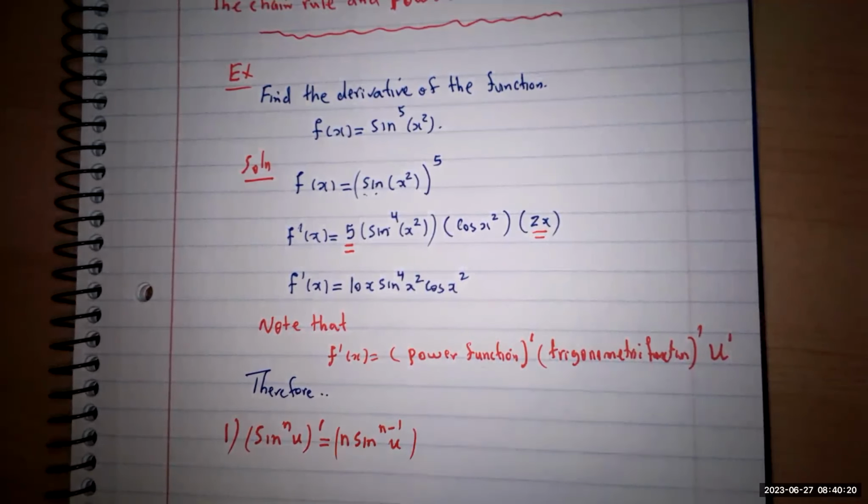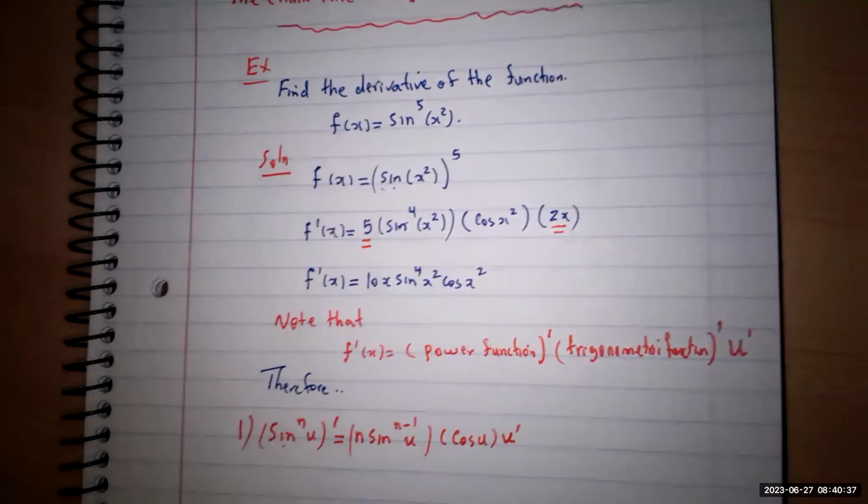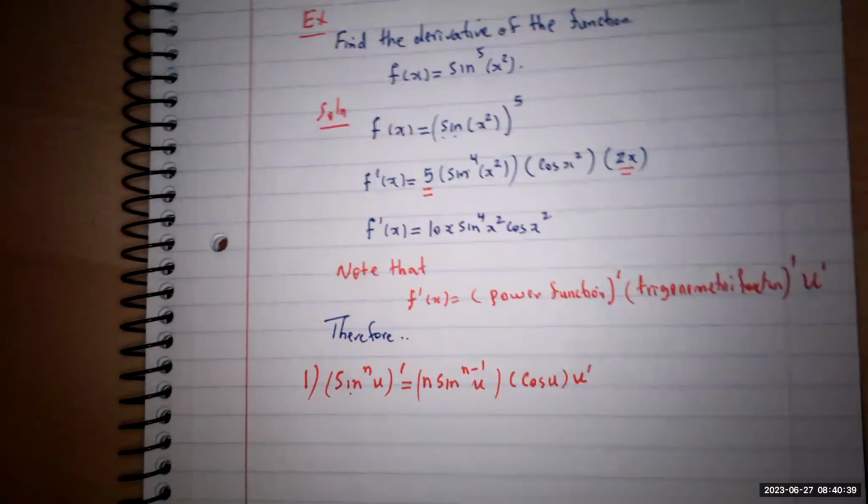That's a power function. Then the derivative of the trig function, the derivative of a sine, cosine. Cosine of u times the derivative of the inside function, u prime. Of course, then you simplify it if you need to. That's it. That's the formula for the sine. Any question?